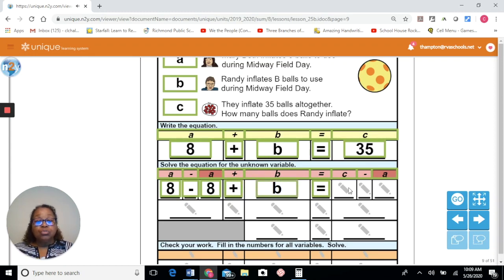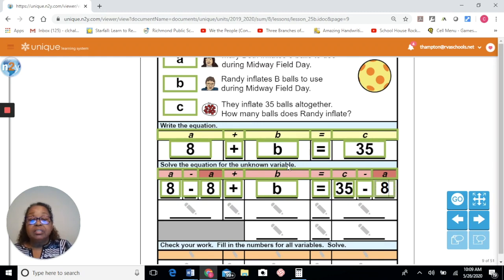It will equal C, which is 35. And of course, if we subtracted 8 on one side, we must subtract 8 on the other side. So we're also going to subtract 8 from this side, which is the A. That's the way the equation will look now.